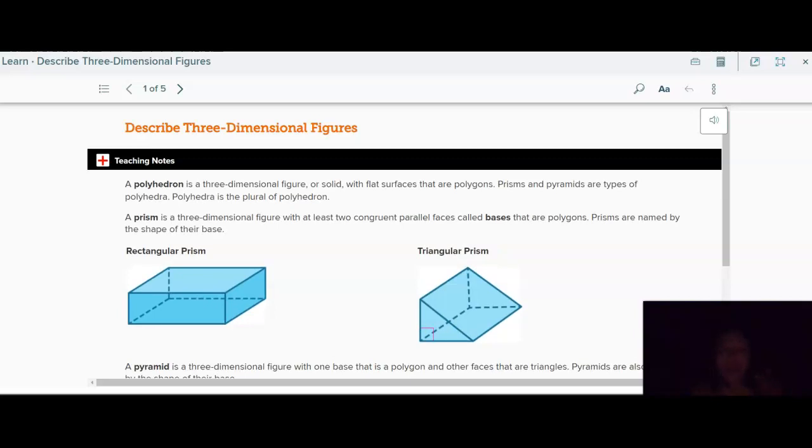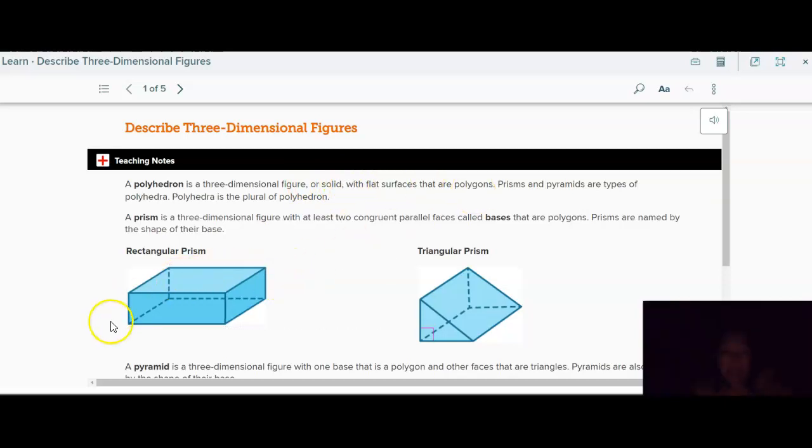And we're on page 435 in your book, so if you guys want to go to page 435. That's where you want to be for your notes. So first of all, these objects, we call them polyhedron. It's a three-dimensional figure or a solid with flat surfaces that are polygons.